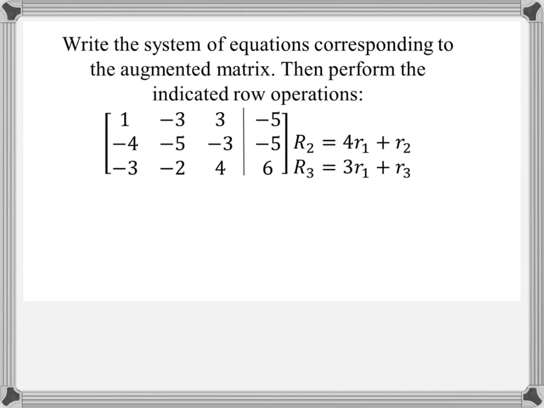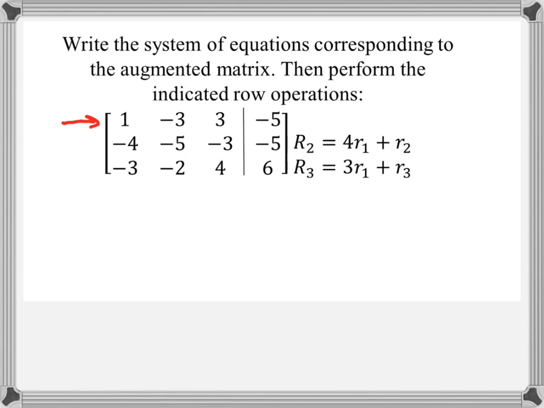So here, we are given a matrix, and it says write the system of equations corresponding to the augmented matrix, then perform the indicated row operations. So first, if we read through this matrix, we have a 3 by 4 matrix, 3 rows, 4 columns. We'll have 3 equations, 3 variables, and constants on our right-hand side.